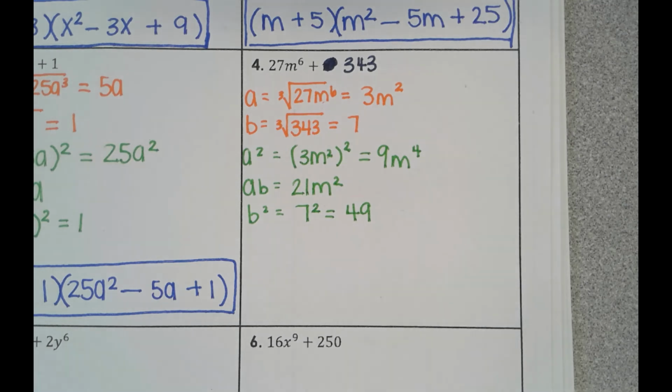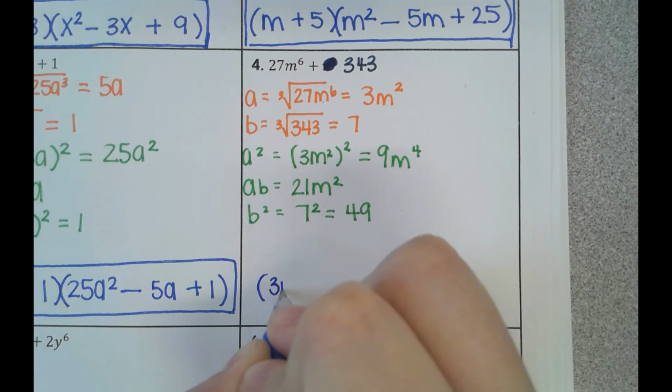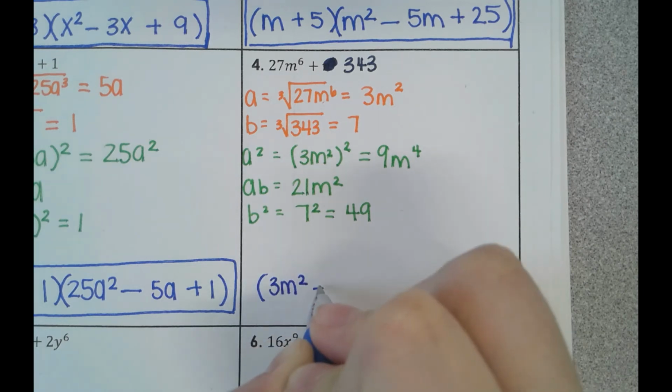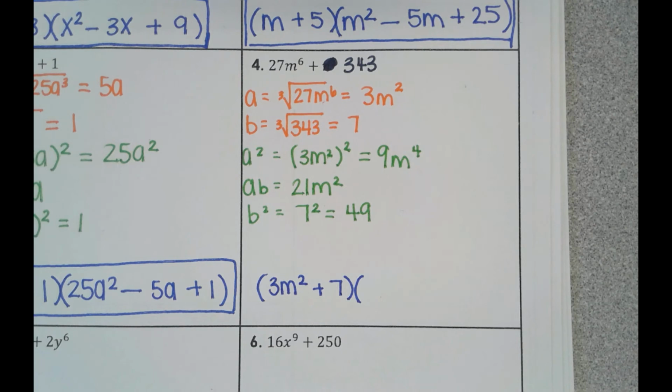So then we just put it all together. 3m squared plus 7. That's your a plus b.